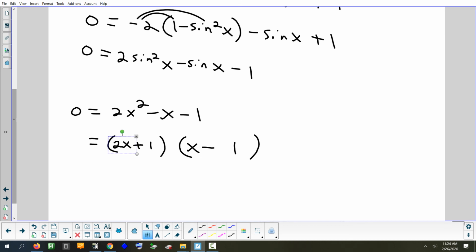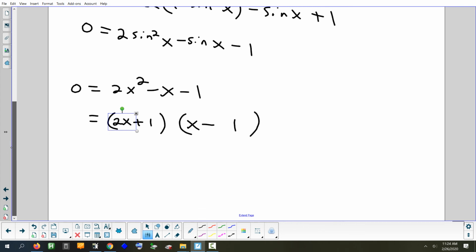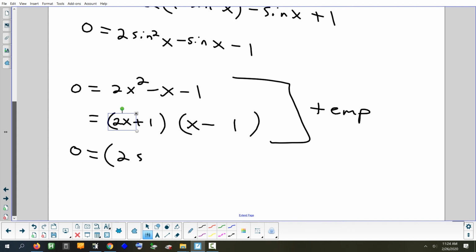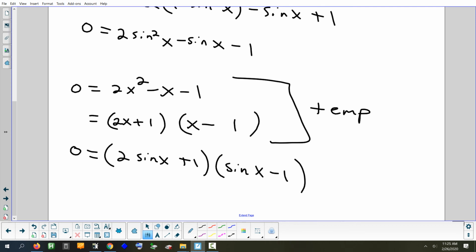But really, all your x's should say what? Sine x. Okay, so this little step, again, this is temporary. If you want to do that step, but the real factoring should be this. 2 sine x plus 1 and sine x minus 1.